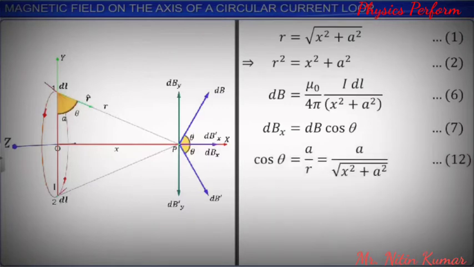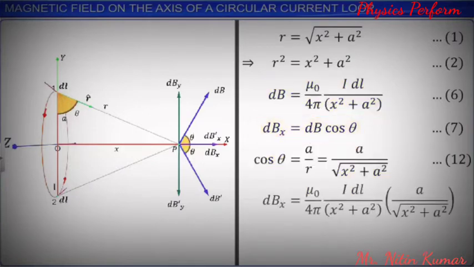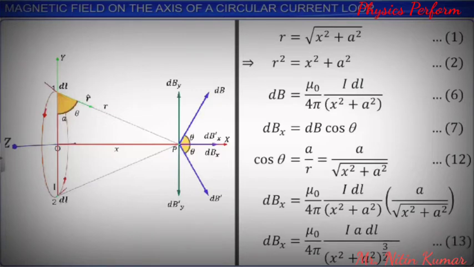On substituting equations 12 and 6 in equation 7 and simplifying, we get dBx is equal to mu naught by 4 pi into I A dl by x square plus A square whole power 3 by 2. Let this be equation 13.